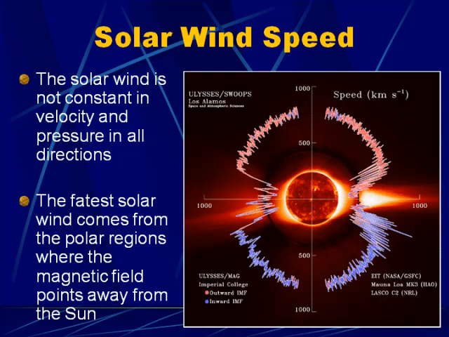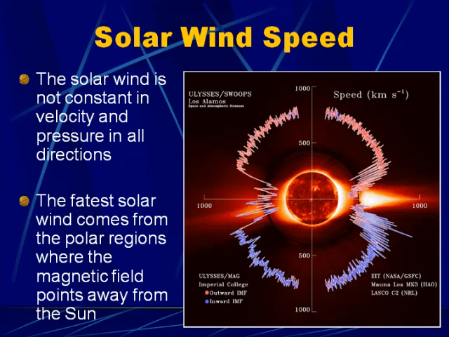The solar wind is not constant with time, but it's also not constant with direction. Along the equator of the sun, which our Earth actually sits in the plane of, the solar wind is actually much lower because that's where the magnetic field lines trap the solar wind.